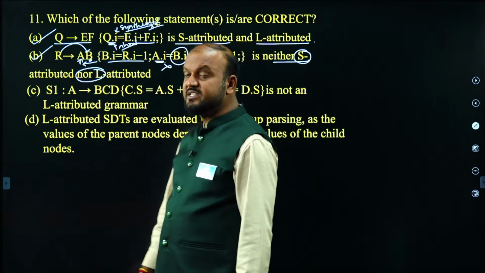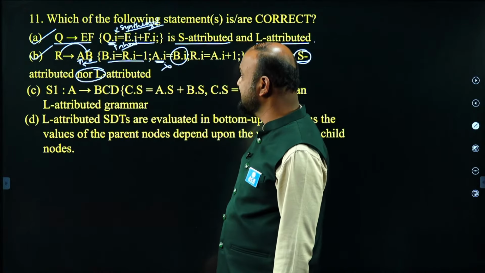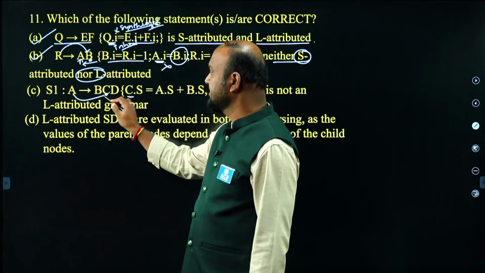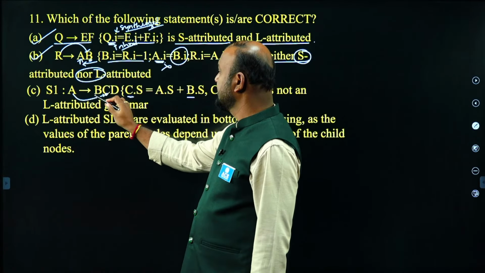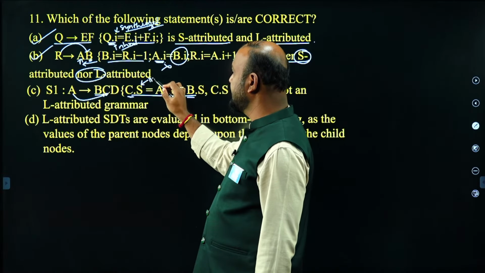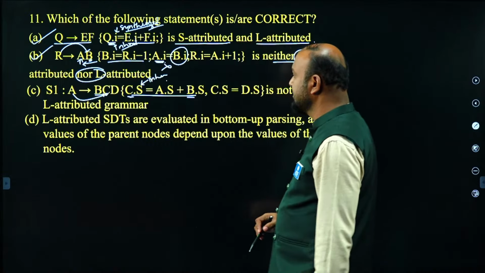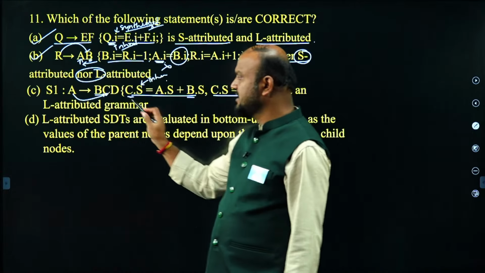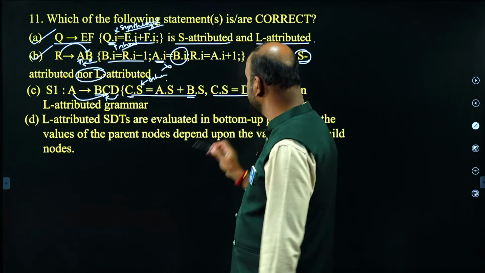Option C: look at S derives A B C D, where C.i is getting its value from A, the parent, and B, the left sibling. Okay, this is perfect. i is inherited and getting its value from the parent and left sibling. But C.s is getting its value from D.s, which means it is getting it from the right sibling.